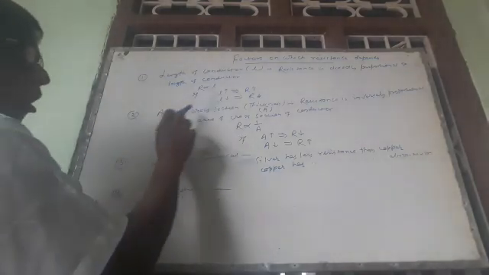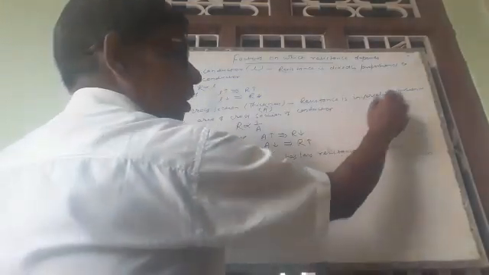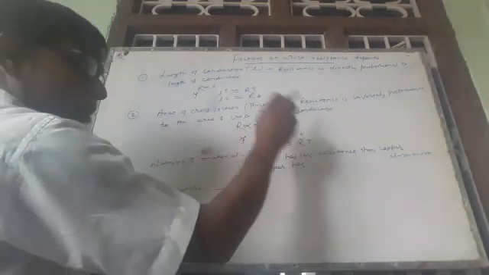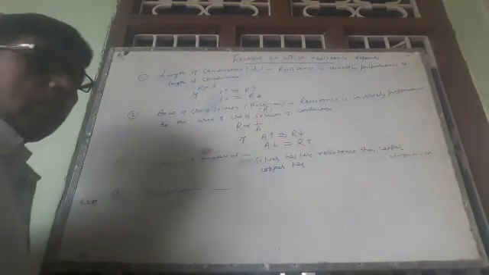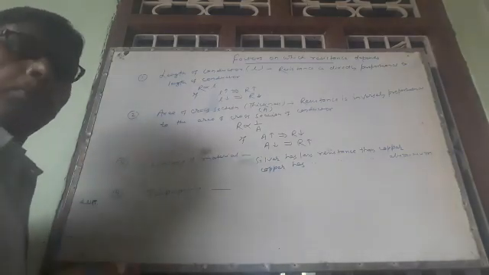Now second factor, area of cross section of wire or conductor, that is thickness. It is denoted by capital A. Resistance is inversely proportional to the area of cross section of conductor or wire, that is thickness. Inversely proportional means if one quantity increases, another quantity decreases.